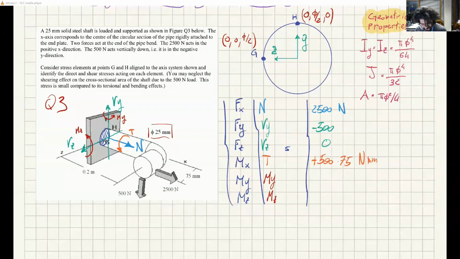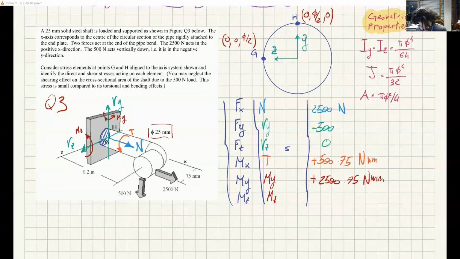So 2500 times 75 Newton millimeters of torque around the y-axis. This is also positive because this is the positive direction of the bending moment, and this force is making it bend in the same direction.